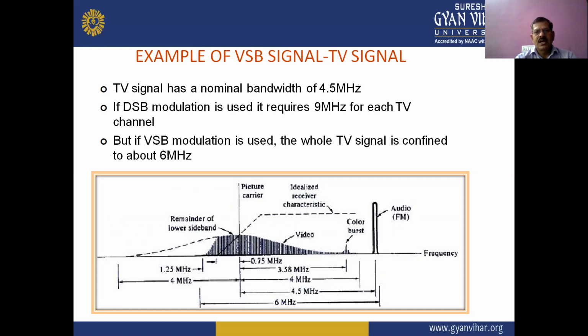The whole TV signal is confined to about 6 megahertz frequency, and we can see these different frequency slots for use of different picture carriers and audio FM, color burst, and the remainder of the lower sideband as shown in this diagram, that is, between picture carrier frequency versus frequency.